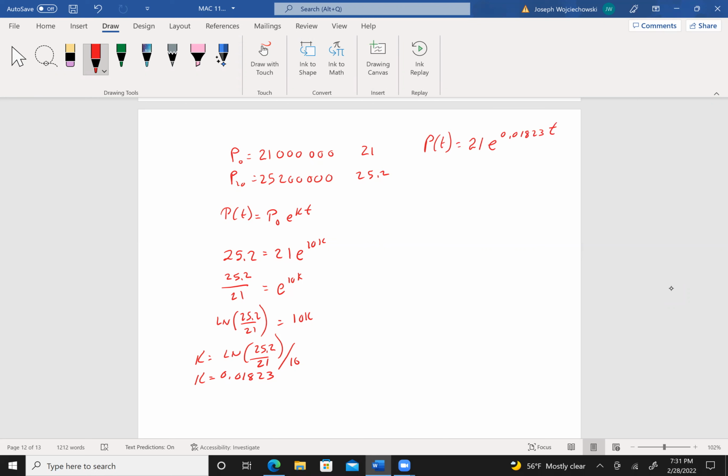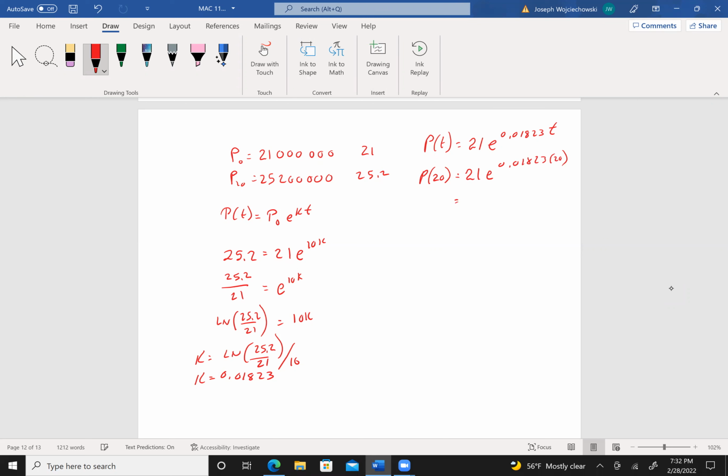Now, the next question is use the function in part A to predict the population in 2020, round to 1 decimal place. So for 2020, that means t is 20 years. I have 21 times e to the 0.01823 times 20.